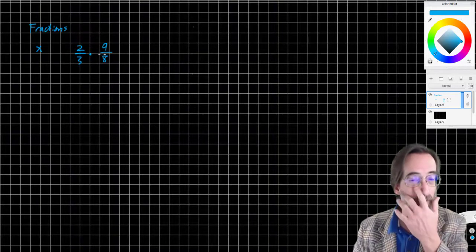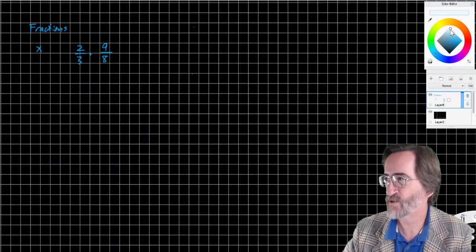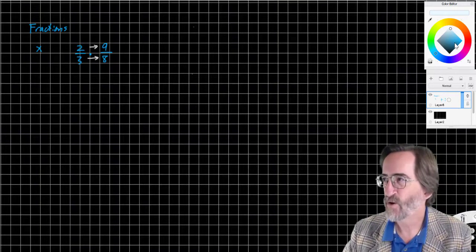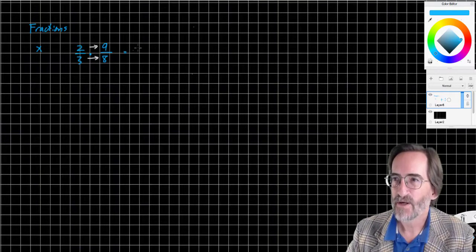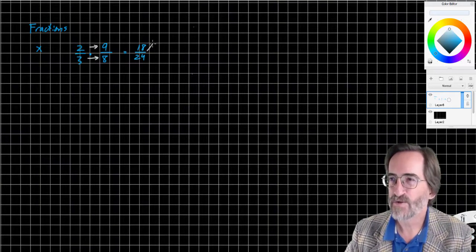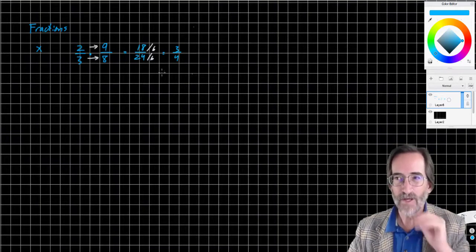Now you've been told before that you can simply multiply straight across, and that is absolutely true. 2 times 9, 3 times 8, multiply straight across, you get 18 over 24, and you can reduce. Notice they both divide by 6, so I'm going to divide by 6 on top and bottom and get 3 over 4. Okay, and that's one way to do it.